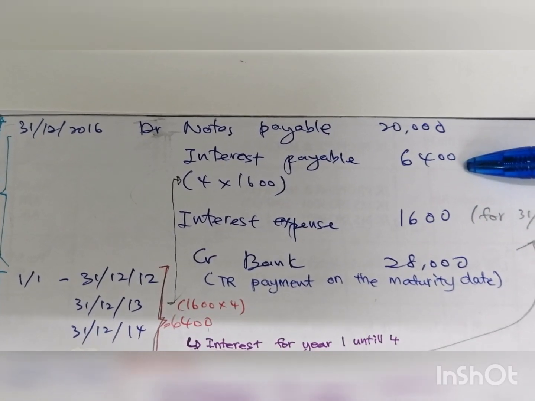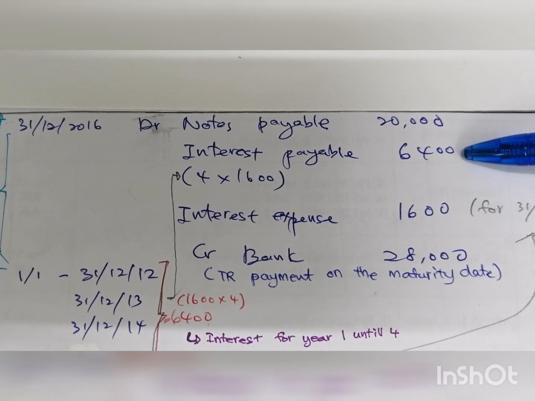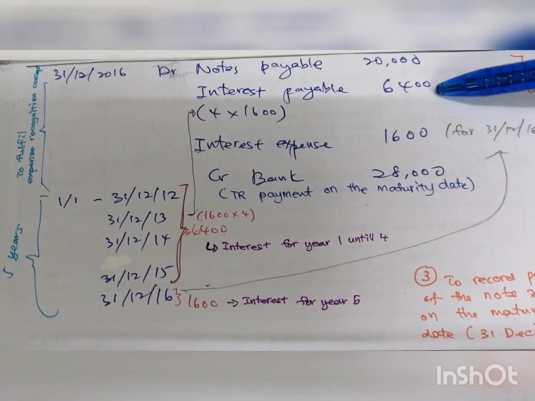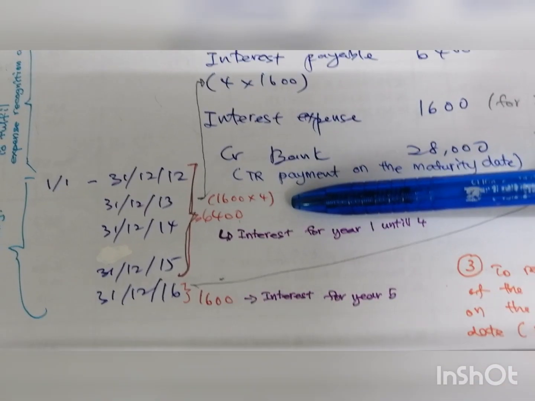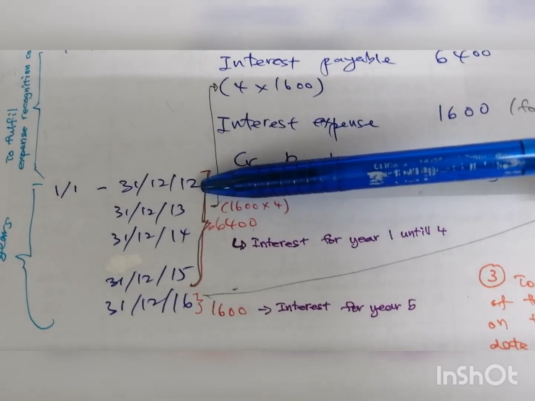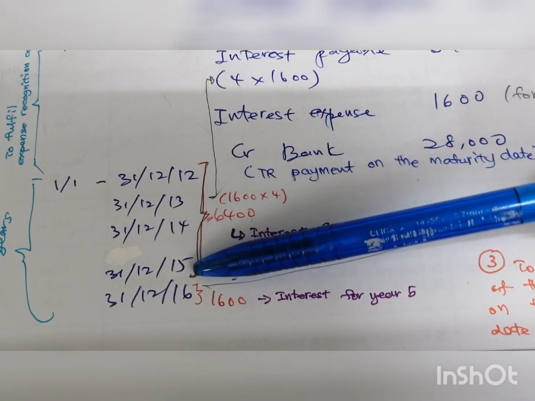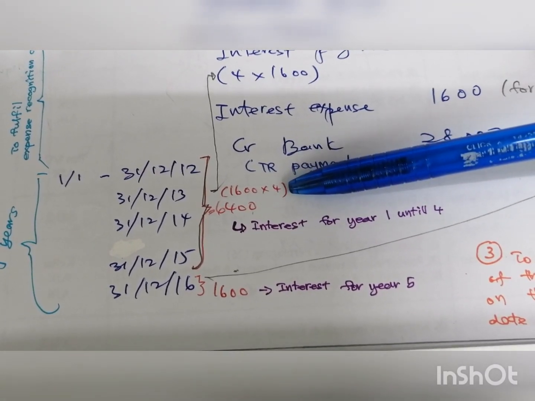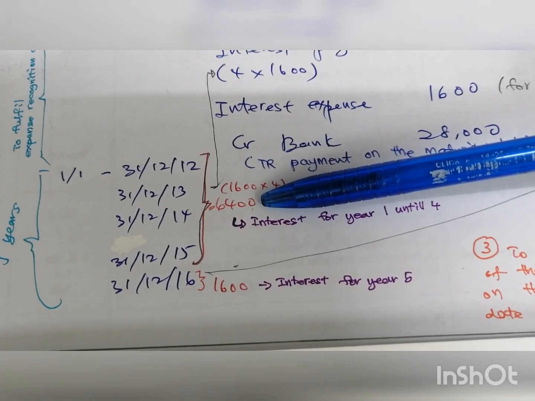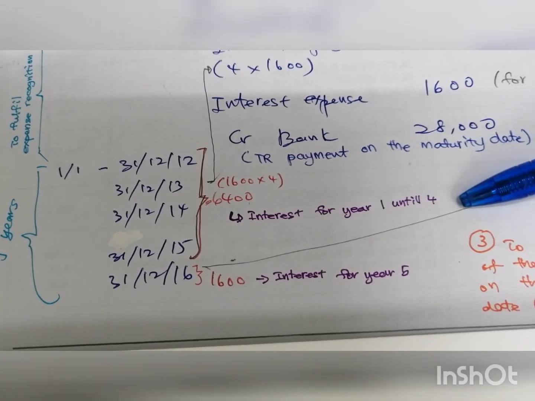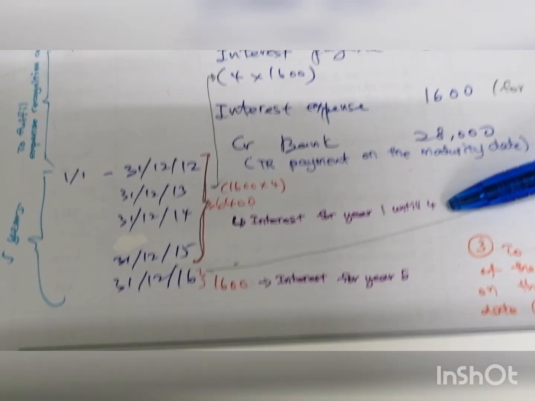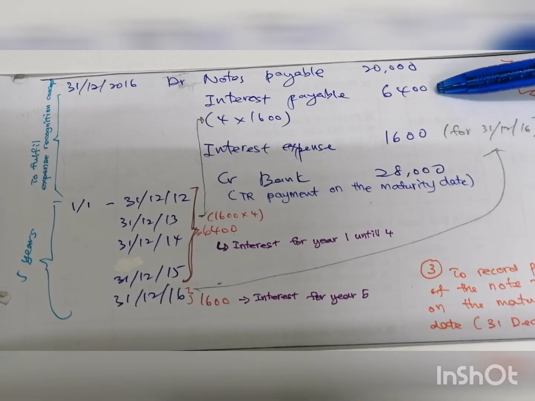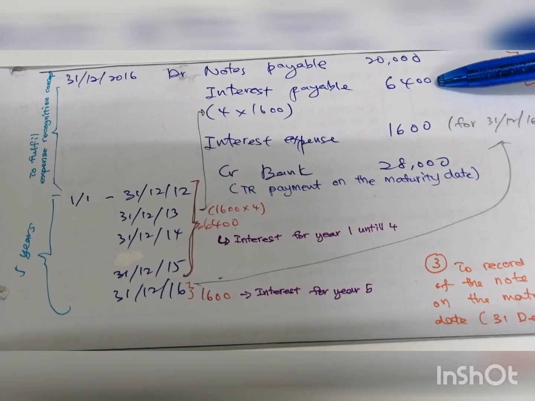Okay, now see why the interest payable is 6,400. As you see here, the calculations for the interest expense: year 1, year 2, year 3, year 4. One year is 1,600 times 4 years, therefore we get 6,400. So this is the interest for year 1 until year 4, therefore the interest payable is 6,400.